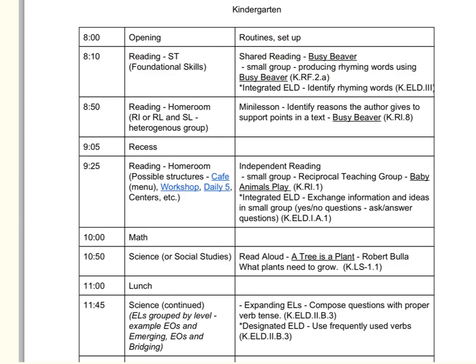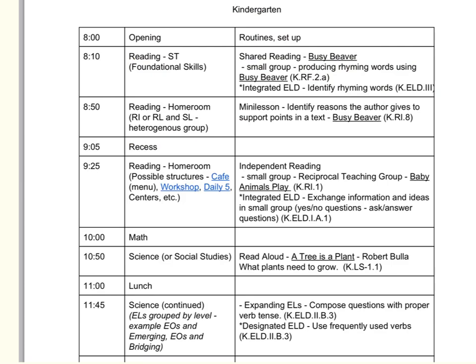Okay. So after ST, what might be next in the day would be the reading time, which is homeroom. So there I have heterogeneous students, and maybe I'm focusing more than likely on the reading standards, either informational text or literature, and the speaking and listening standards.